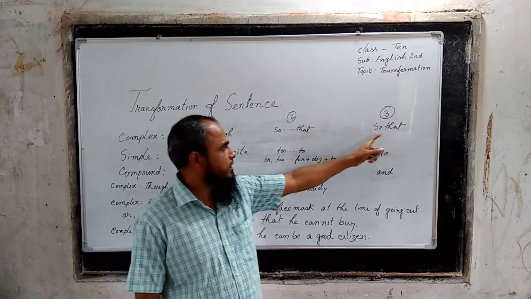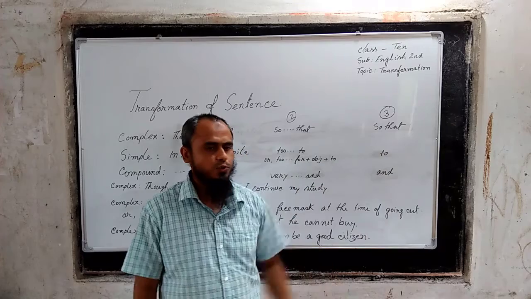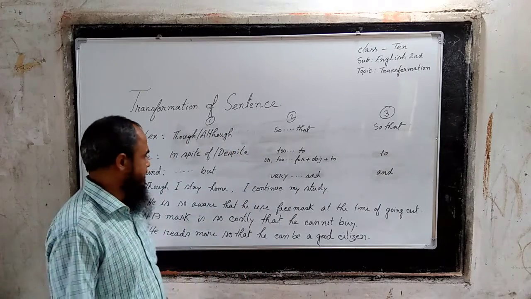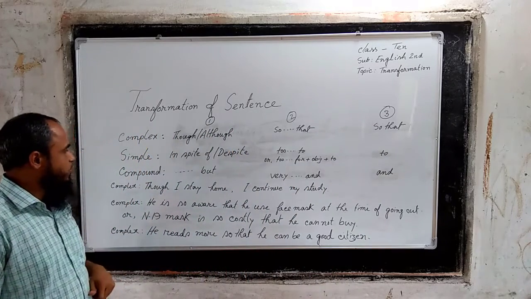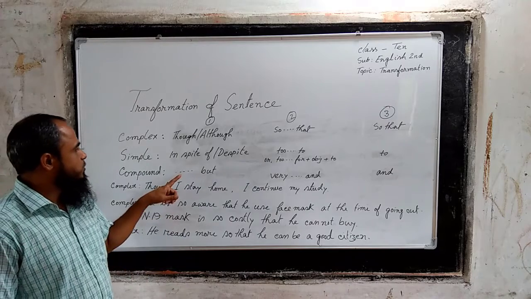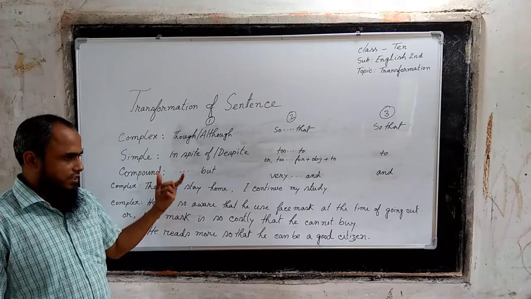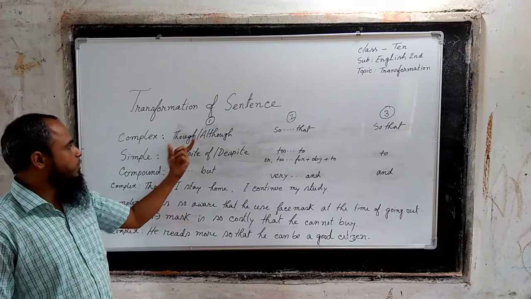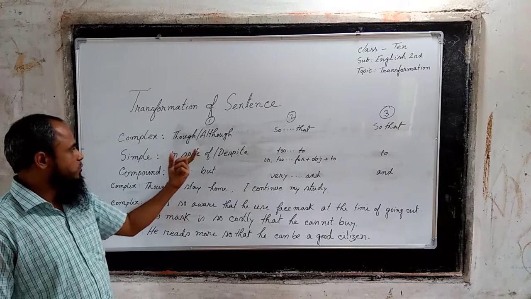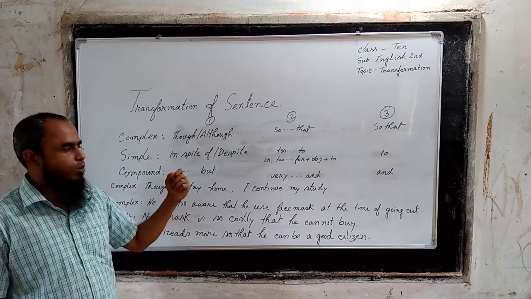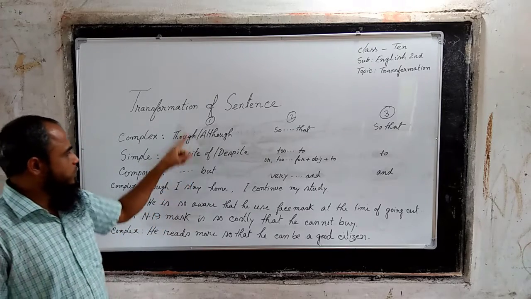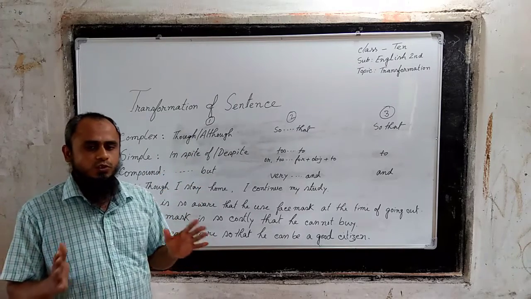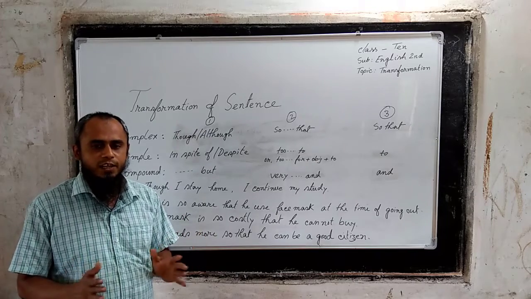And if there is "so that" together, then you have to use only "to". No need to use other things. And if you are told to make it a compound sentence, then you will take the beginning clause, that means the "though" or "although" clause, and you have to reject "though" and "although". And after that, instead of "though" or "although", you will use "but" in the middle of the sentence.